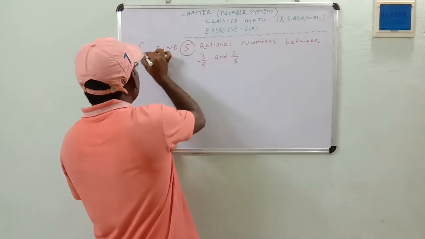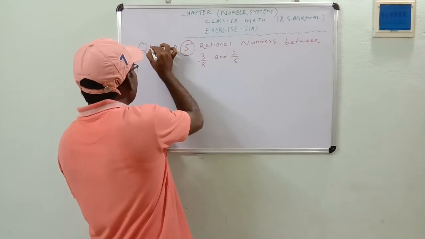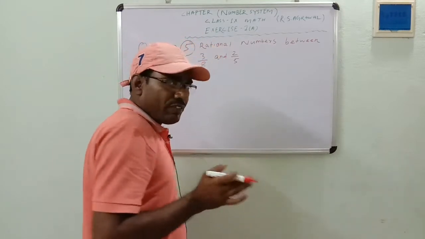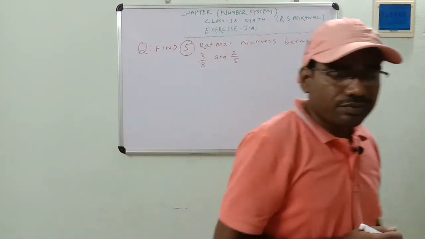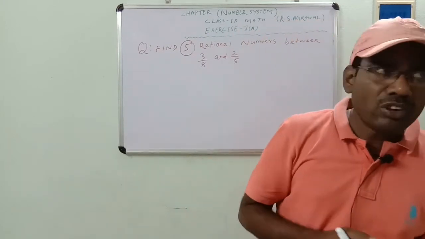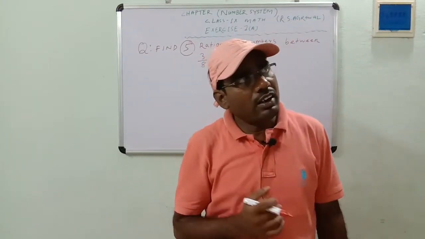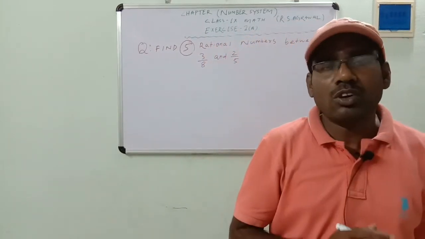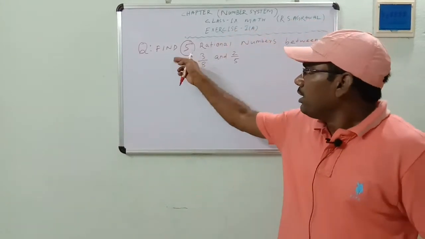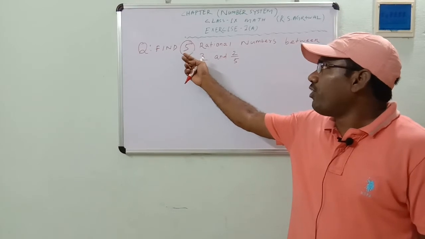In this question, you want to find out 5 rational numbers. But in the previous question that you had already solved, you found out only one rational number between 2 given rational numbers. But in this question, it has been given 5.